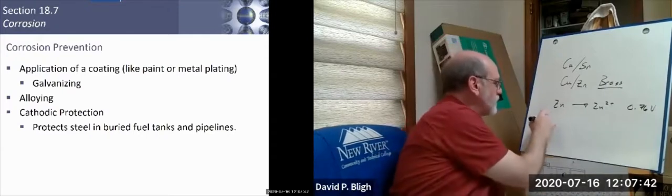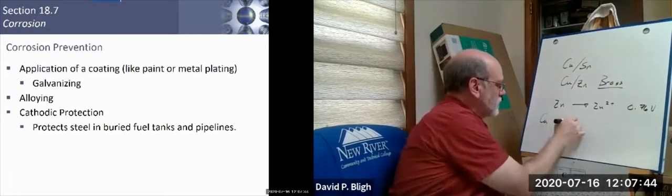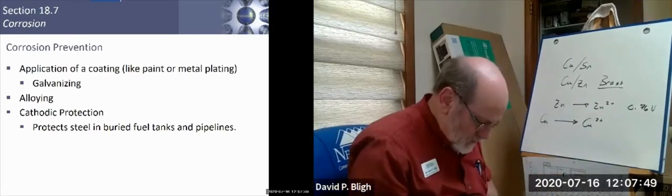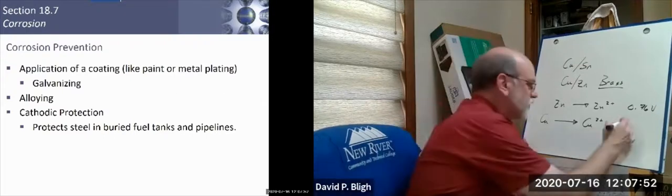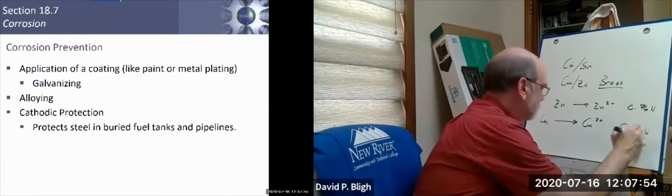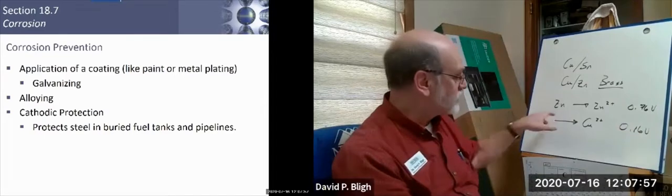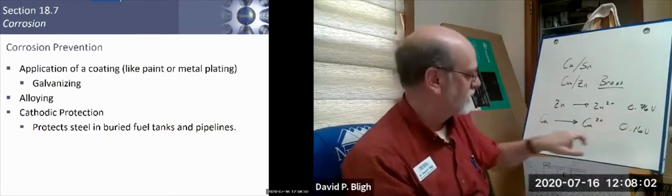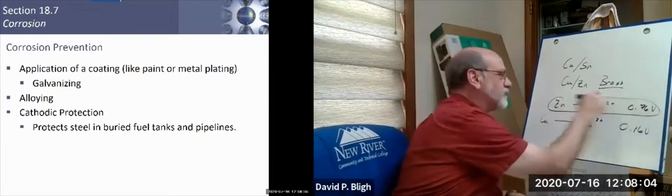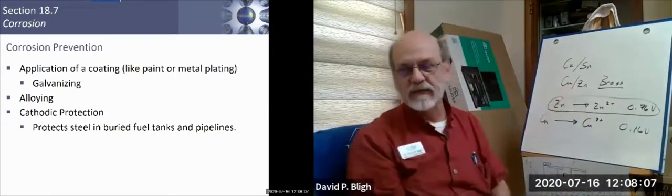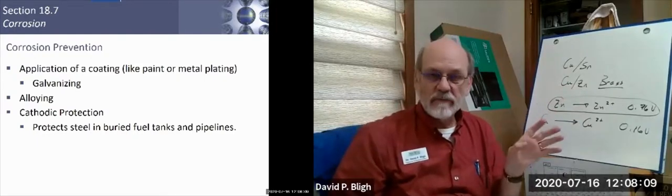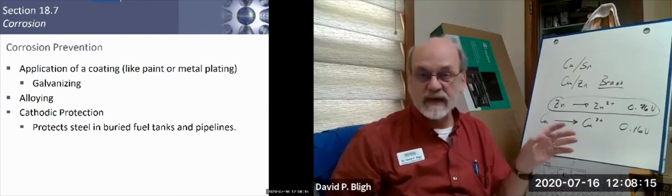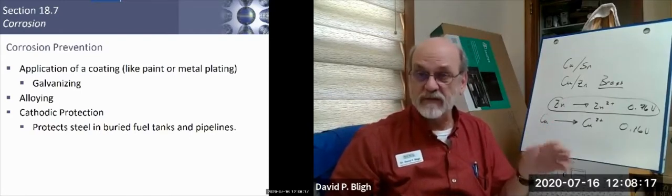And to go from copper to copper 2 plus would be negative 0.34. So this one is more likely to be oxidized than that one. It has a higher positive voltage. That's why zinc is more reactive than copper, and it protects the copper in brass. That's why you will see on boats, in particular, things are not made of steel. Generally speaking, they're made of brass.